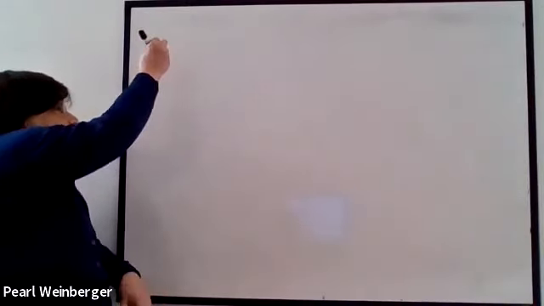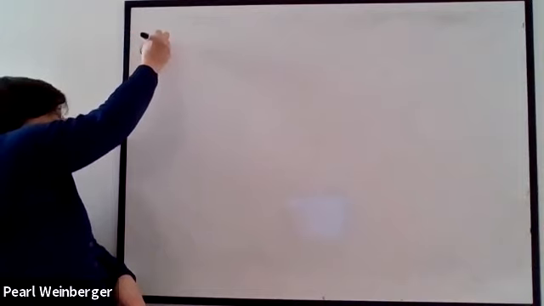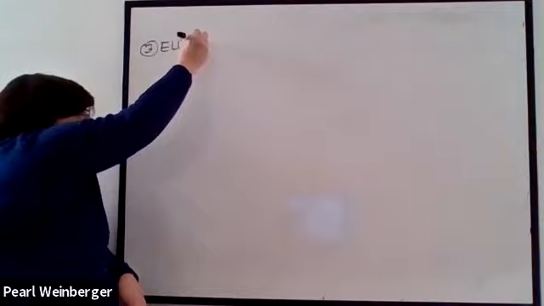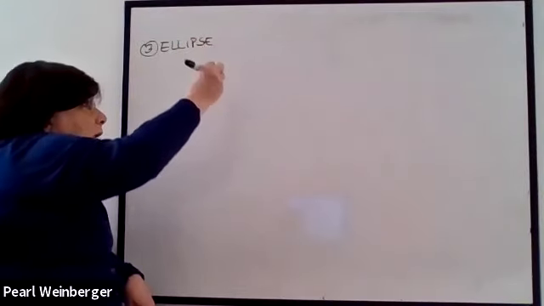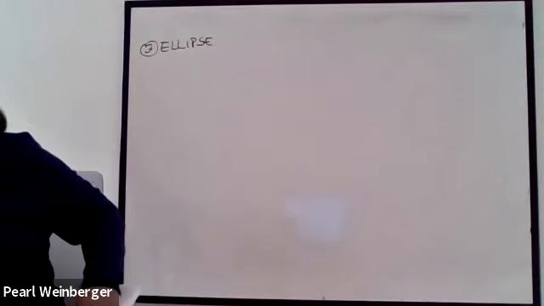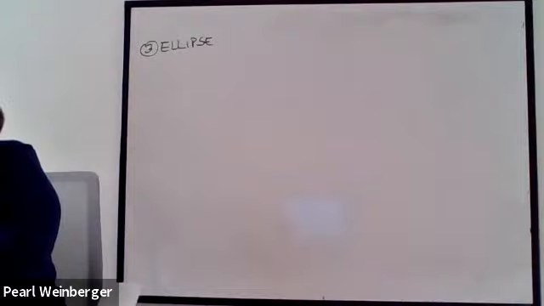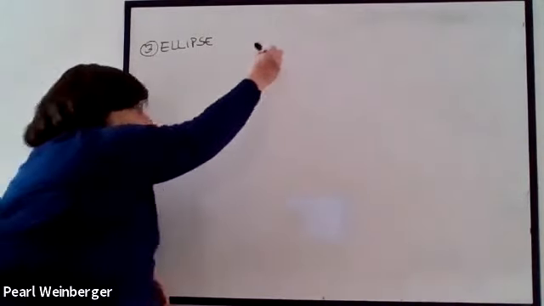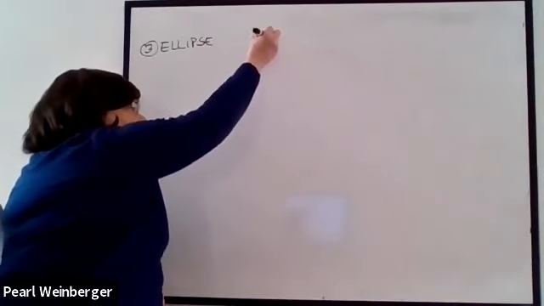The other 2 that we have to talk about, this is number 3, will be something called an ellipse. And the fourth thing is going to be something called a hyperbola.